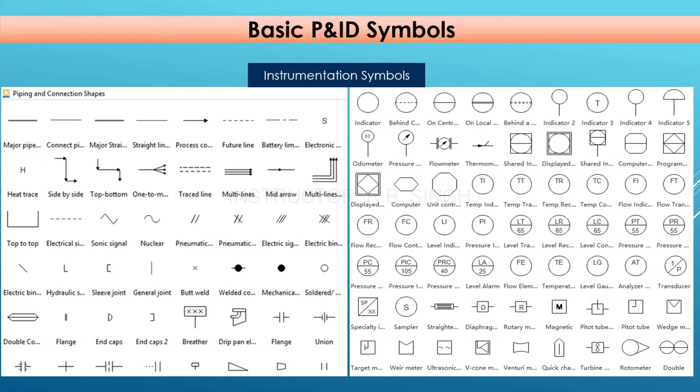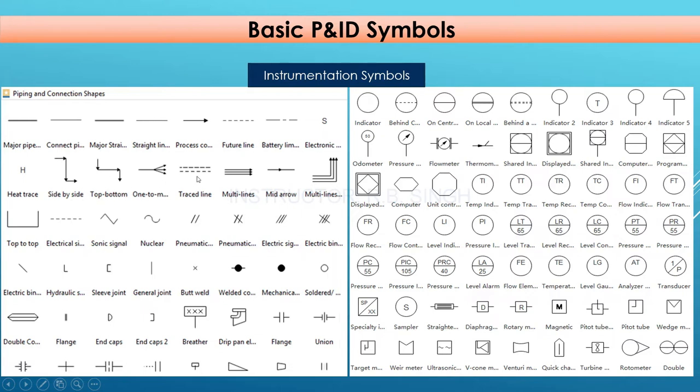As clearly mentioned in this PPT, there are so many types of signals, like electrical signal, sonic signal, pneumatic signal. Yes, this is also a very important signal. Pneumatic signals you will see like this. Wherever any line is crossed by these signals, you must know this is the pneumatic signal. This is the electrical signal.